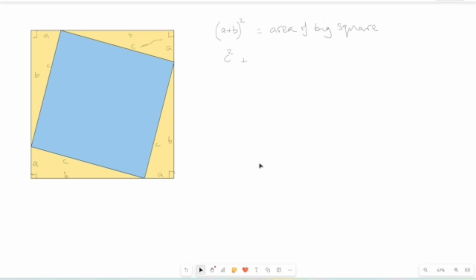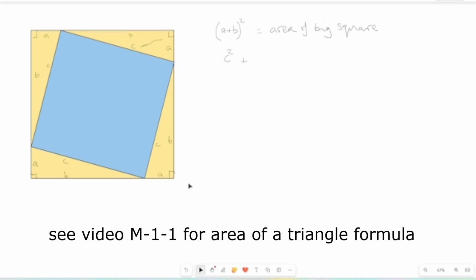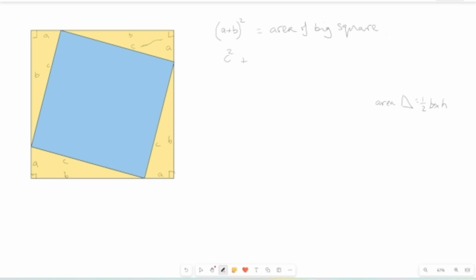Now we can do that with the area of a triangle formula, where the area is half the base times the height. Let's just do that over here. Area of a triangle is half the base times the height. Now don't get confused with this B here. I'm using that to refer to base.